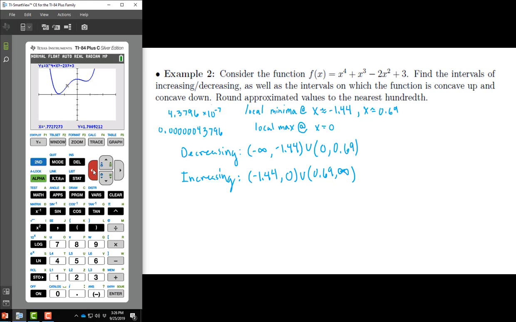It looks to me like the inflection point over here is in this neighborhood somewhere. So maybe we'll call it negative 0.77. So it looks like we have an inflection at negative 0.77. Sorry, I should say x is approximately equal to negative 0.77.